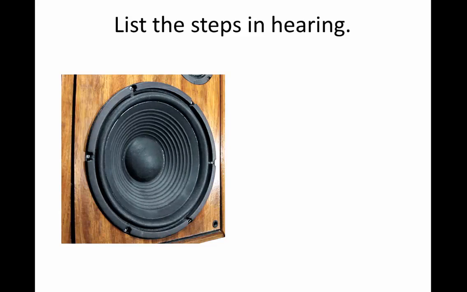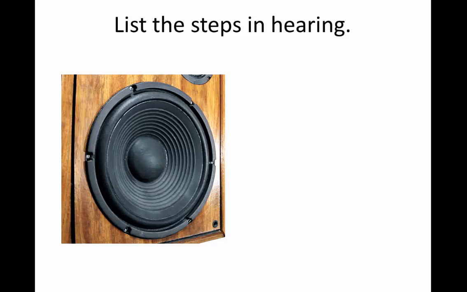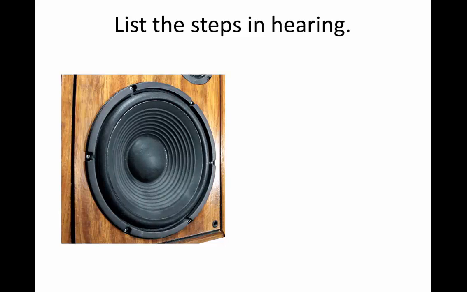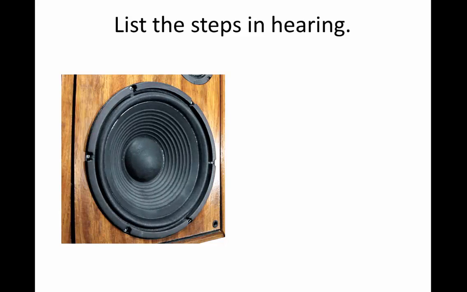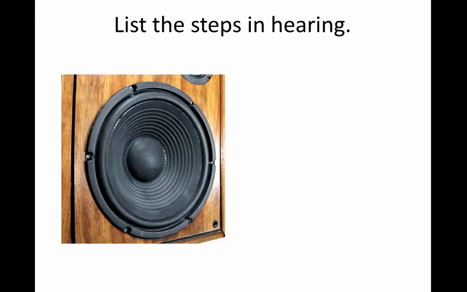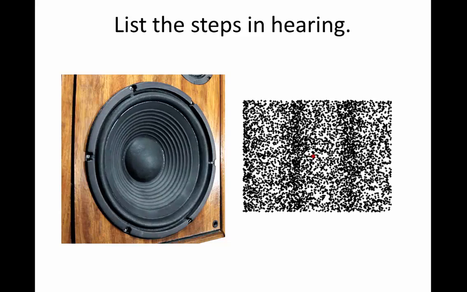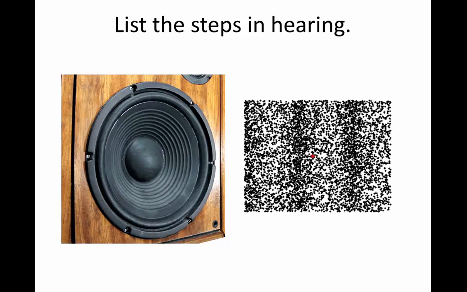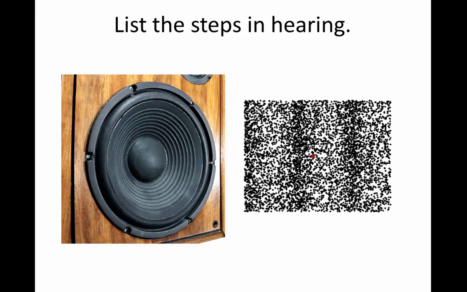So in order to create the sound of the music that's playing in the speaker, we actually have to vibrate air particles. The speaker is actually moving back and forth in a way that if we were to actually look at the air particles in front of the speaker, we'd see something along these lines. Every time the speaker vibrates, it bumps into the air particles that are directly up against it.